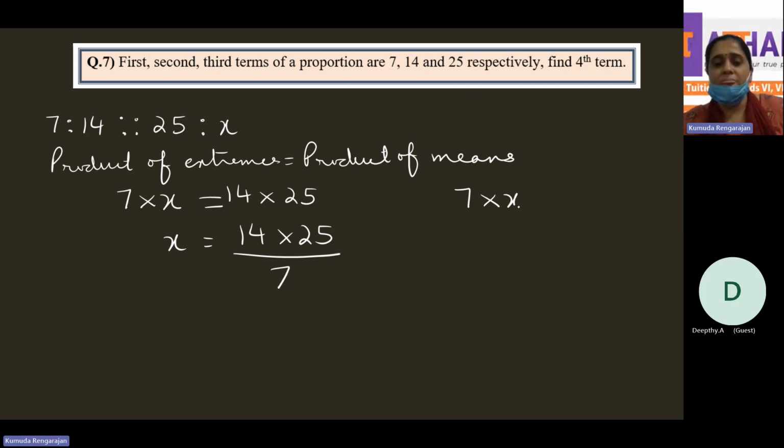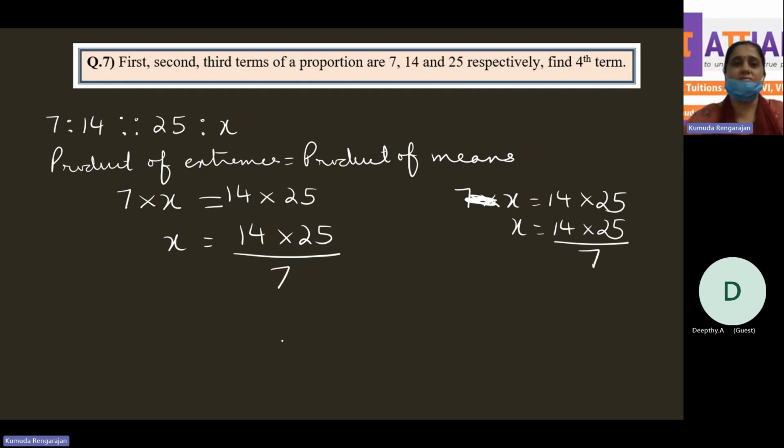Now don't write this into 7, write everything else. X is equal to 14 into 25, write that. Now this into 7 will go to the other side as by 7. 7 ones are 7, 7 twos are 14. So x is equal to 2 into 25, 50. So the fourth term is 50.